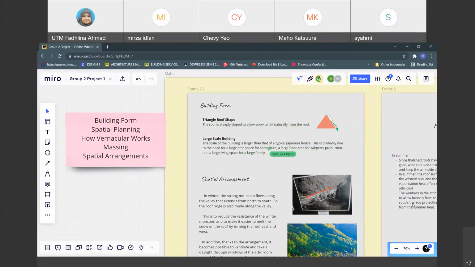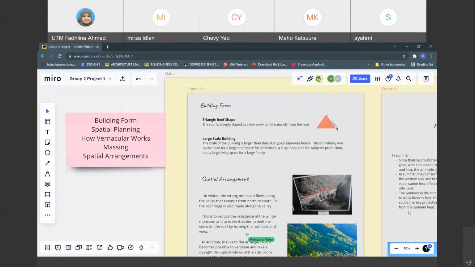The building is large-scale. The scale of the building is larger than that of a typical Japanese house. This is probably due to the need for a large attic space for sericulture, a large floor area for saltpeter production, and a large living space for a large family.